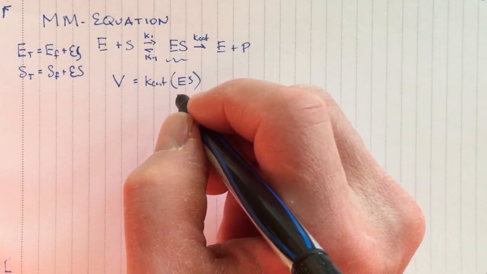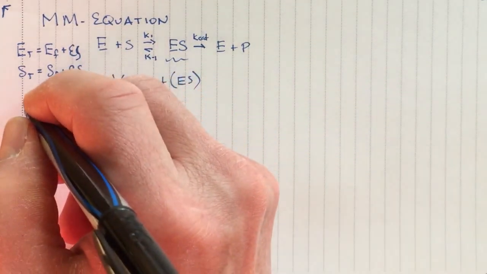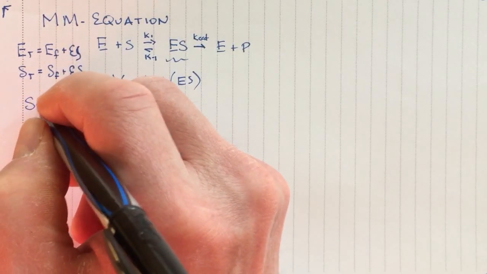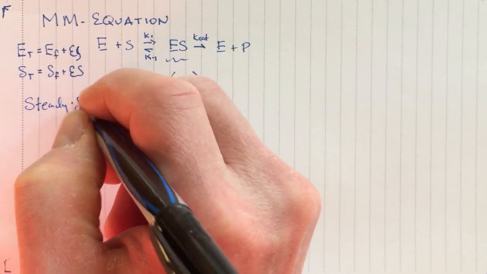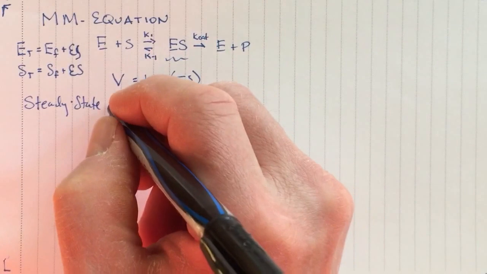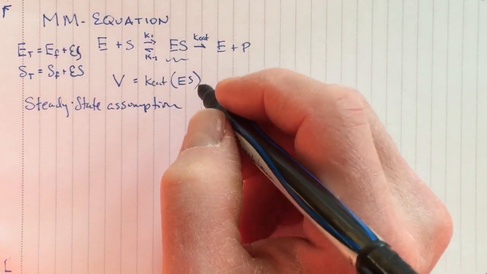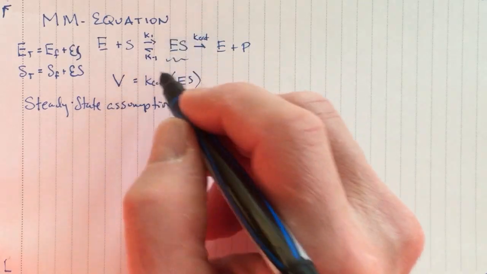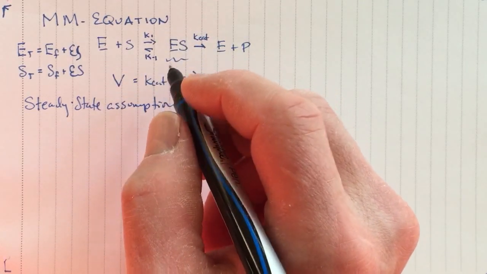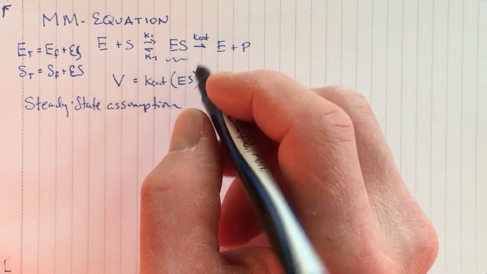What we're going to start with is Haldane's steady state assumption, which says that the rate of formation of ES is approximately equal to the rate of its destruction.